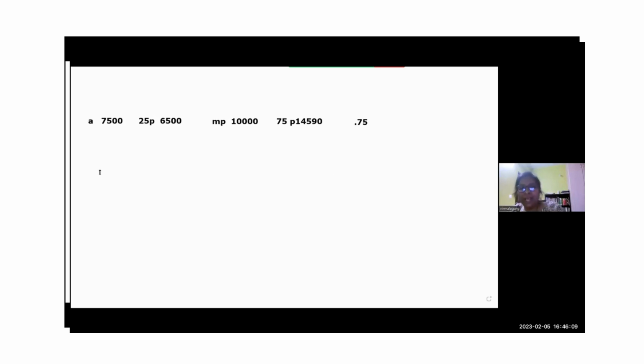I'll give you very hypothetical data. This is the base data, 16,000 here. Again, the 25th percentile is 6,500, the midpoint is the same, and the 75th percentile is the same. Now, what action will you take?